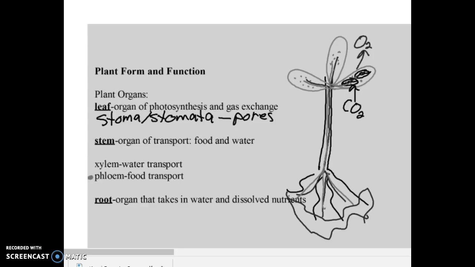And the root is where most of the water is absorbed, and then whatever things are dissolved in that water, some of those nutrients from the soil also are taken up along with that water. But obviously the whole plant needs water, not just the roots.